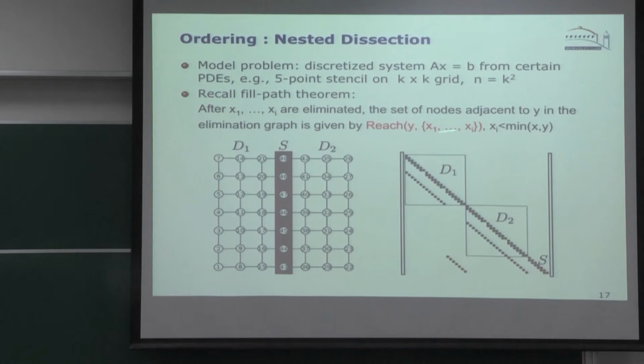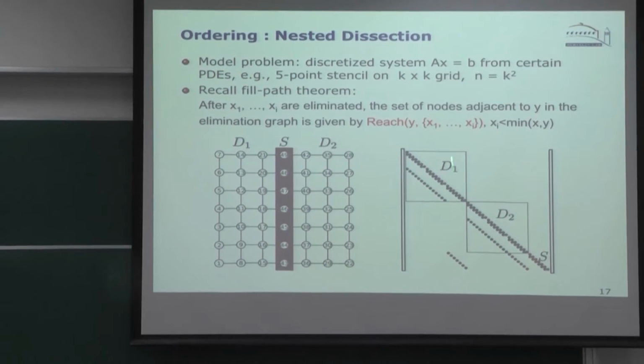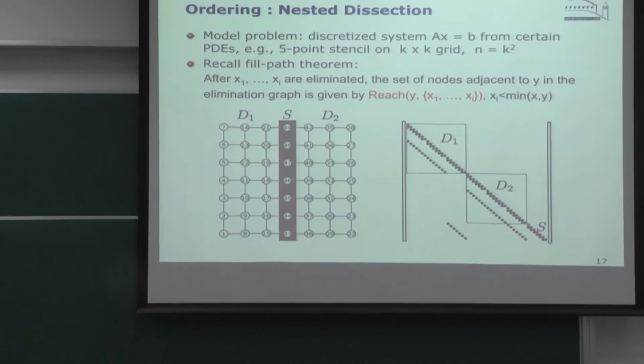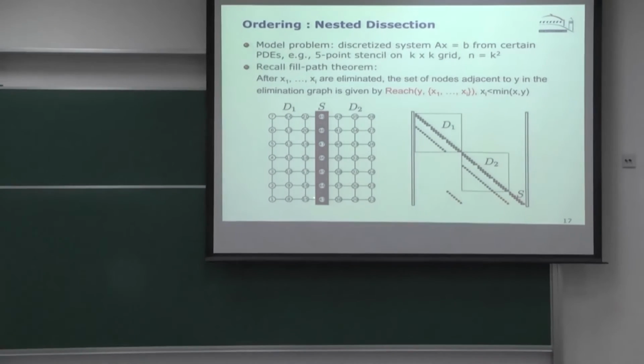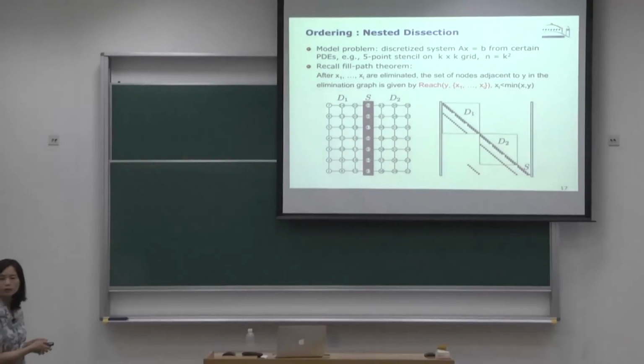Still look at this property, this theorem. It says each vertex is going to generate a non-zero fill as long as this x is in a reachable set going through all the eliminated variables. Okay, so my question is, is 43, 49 filled?